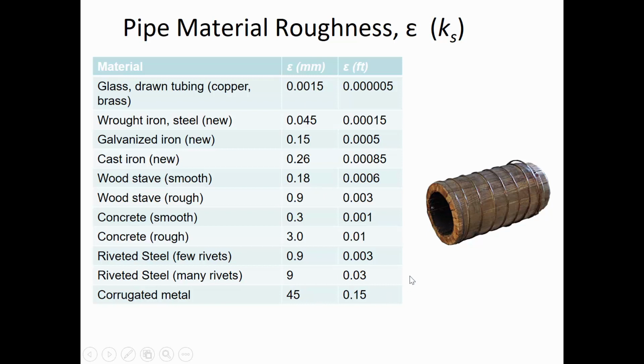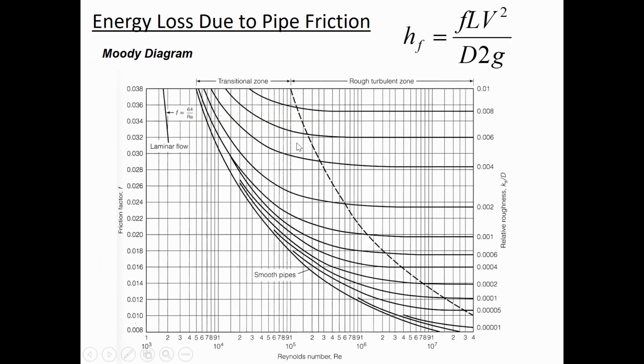For instance, if we had a galvanized iron pipe, which has an equivalent roughness of 0.15 millimeters, the way that you use this Moody diagram to get the friction factor f, you'll notice that on the left side of the vertical axis it says friction factor.